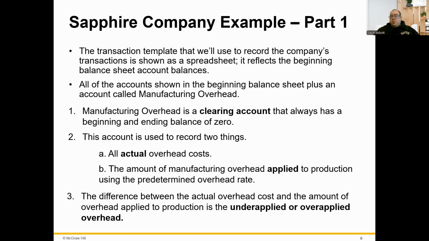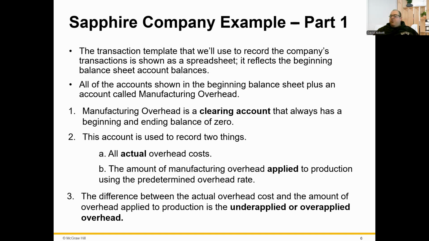So we'll look at an example from our Sapphire company. The transaction template that we'll use to record the company's transactions is shown as a spreadsheet, and it reflects the beginning balance sheet account balances already for us.